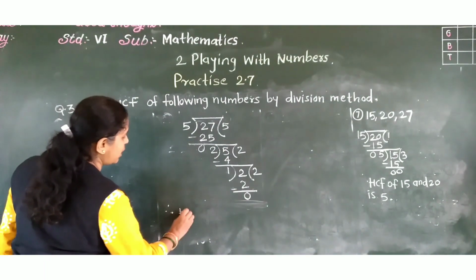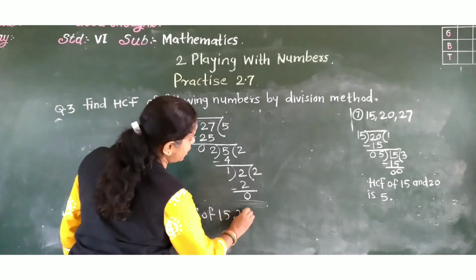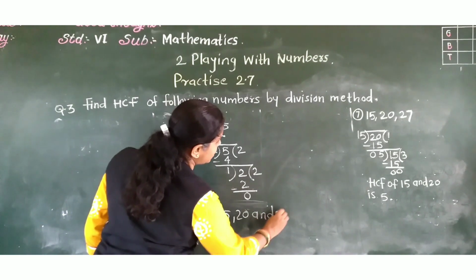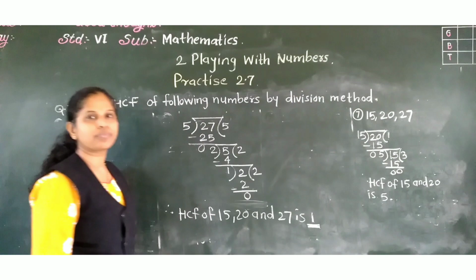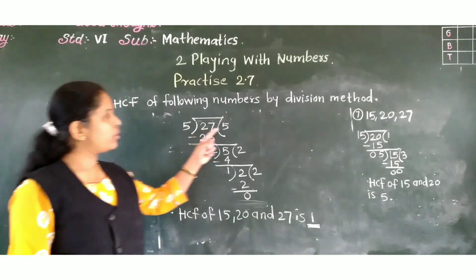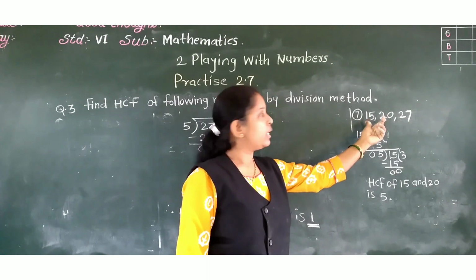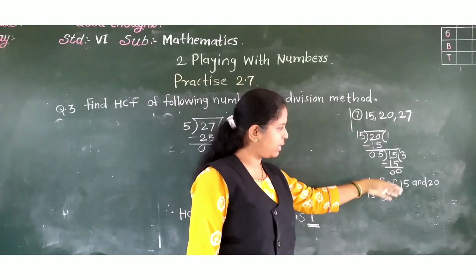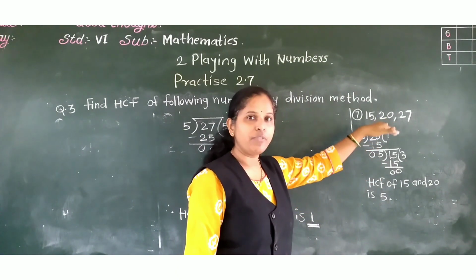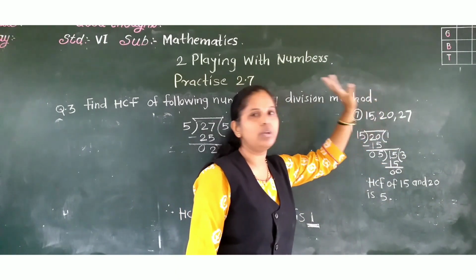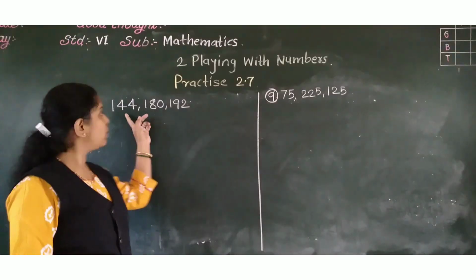Therefore, HCF of 15, 20 and 27 is 1. Followed? When 3 numbers are there, that time take 2 numbers, in that which is the smaller number, with that divide. Whatever HCF you will get of those 2 numbers, with that HCF you will have to divide the third number. Okay?